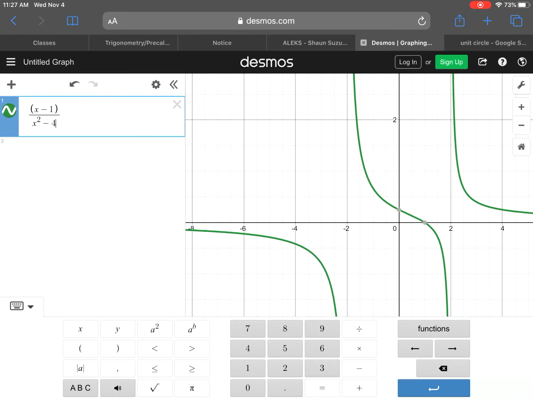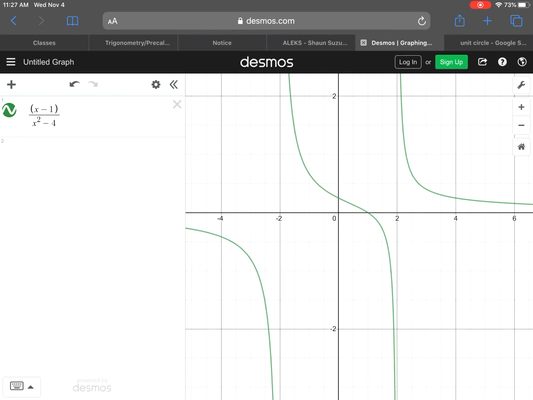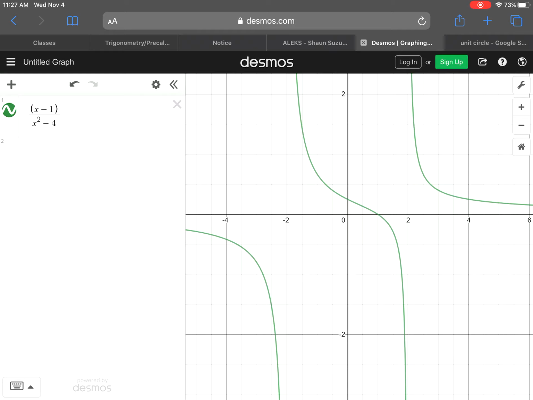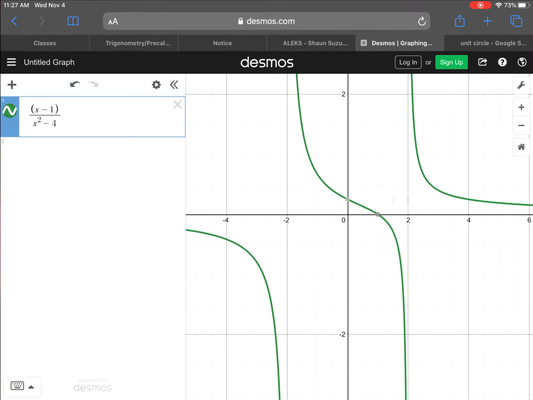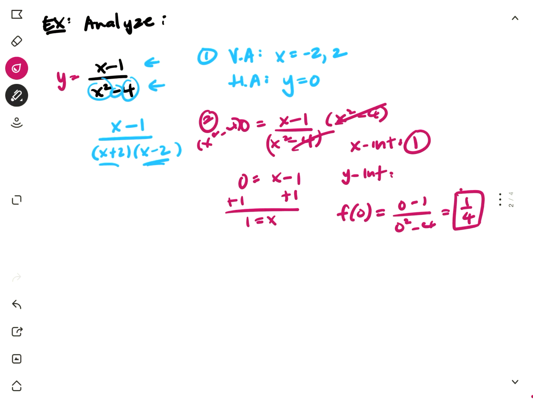Since we have Desmos, there's no reason really to graph it out. But it says that we have a 0 at 1. Correct, that's what we said from here. X-intercept at 1, a y-intercept at 1/4. Yep, 0.25 is 1/4. And then it also says we have a horizontal asymptote at 0 here.